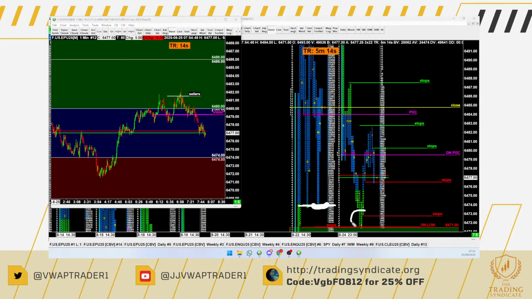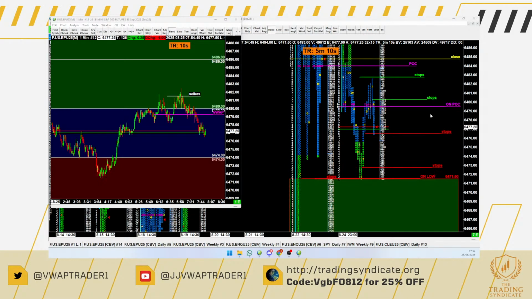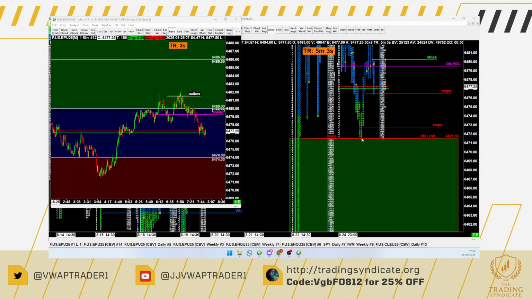And that's where you see the poor low of the overnight. And that's where the responsive buying comes in. That's what I forgot too. The overnight has a poor low. So there's competitive buying down there at that 71. Now let's see if we can creep all the way back to 74.